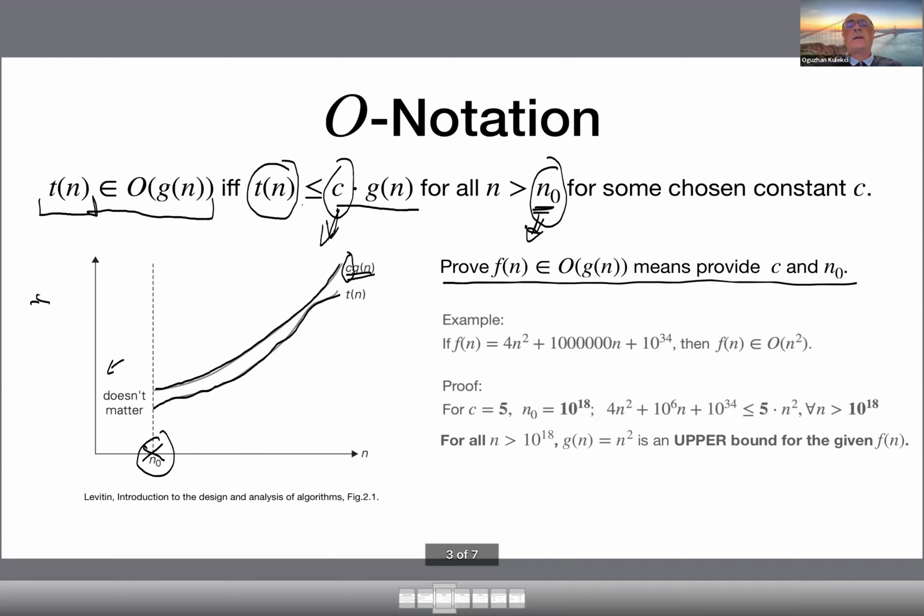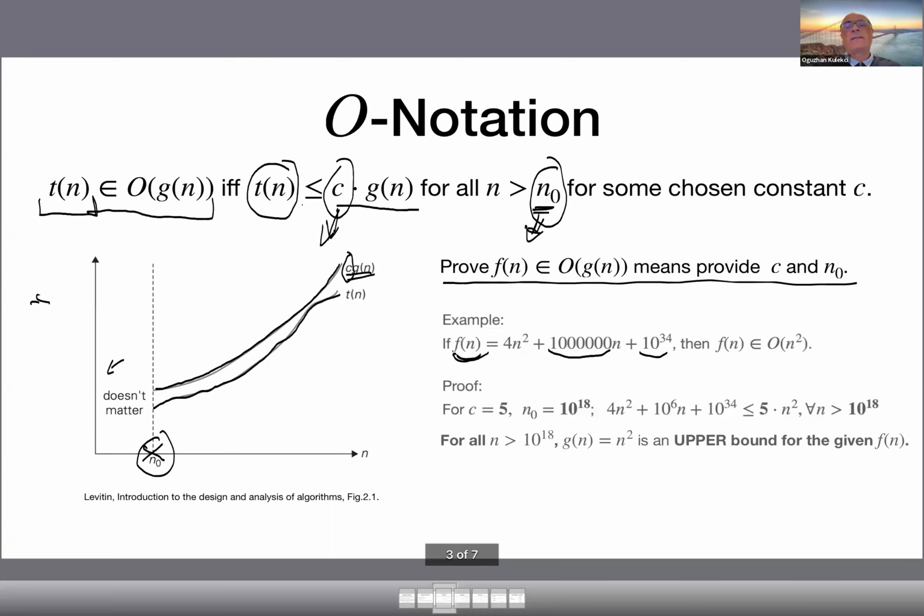Okay, in this example, the function f(n) is given as 4n squared plus 1 million times n plus 10 to the power of 34. I have chosen those numbers very big to show you that n0 can be something really huge.